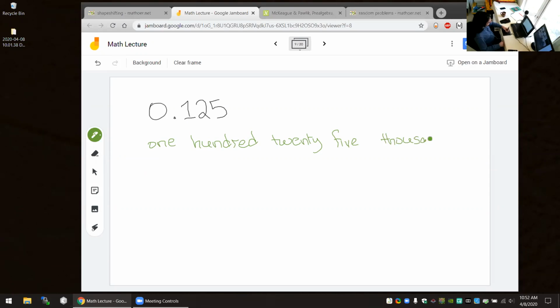Would I ever actually write it out like I am doing now when doing homework or a test? No, of course not. I would just say it to myself. I'm only writing in green right now because I'm lecturing. So it's 125 tenths, hundredths, thousandths. So I will just write that, 125 thousandths.